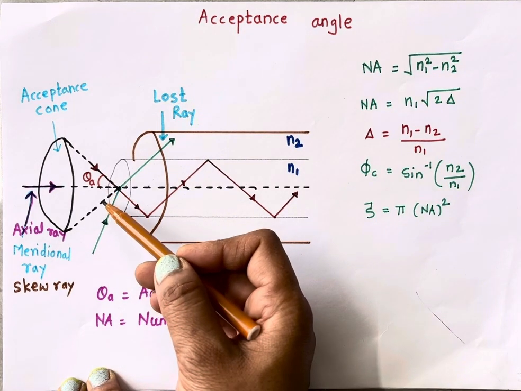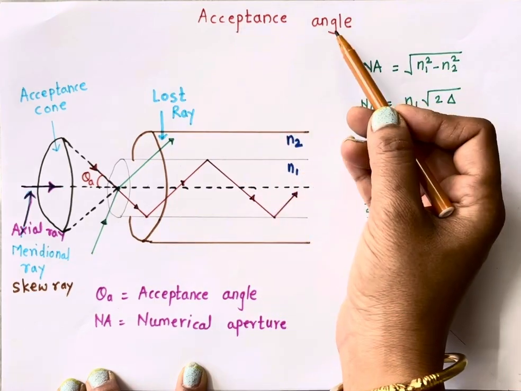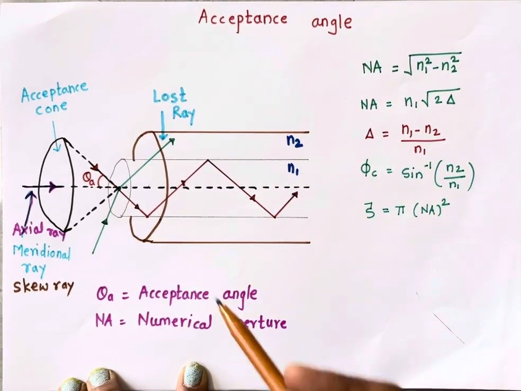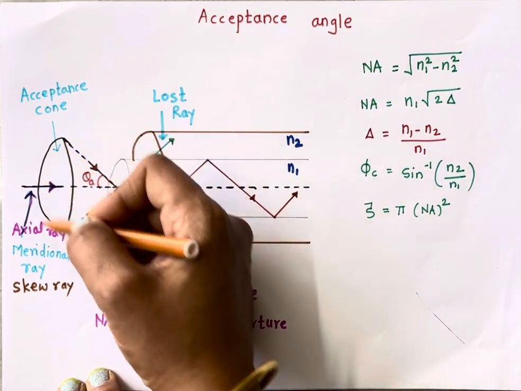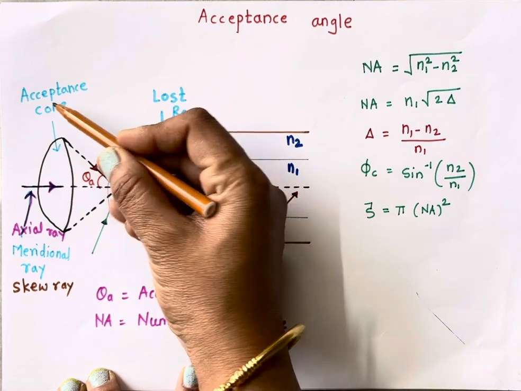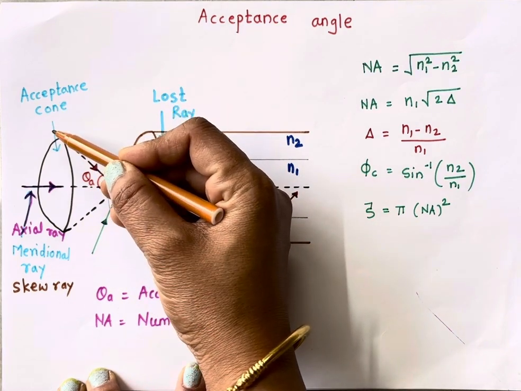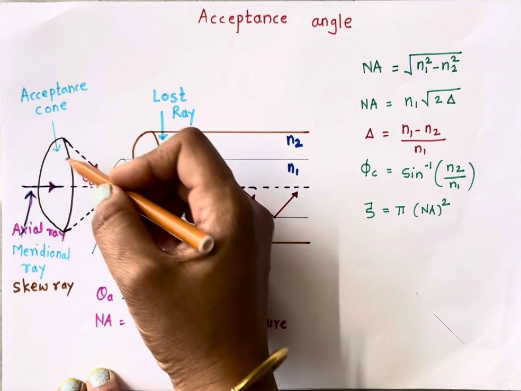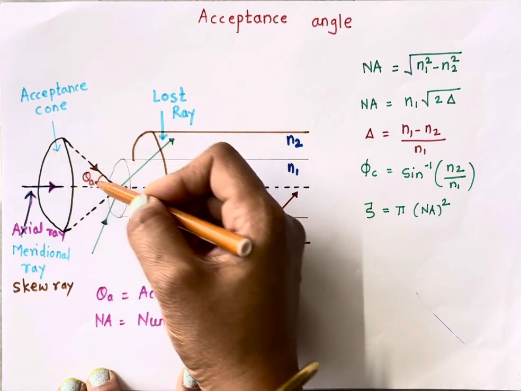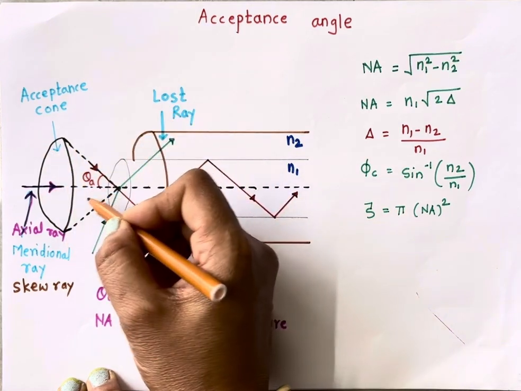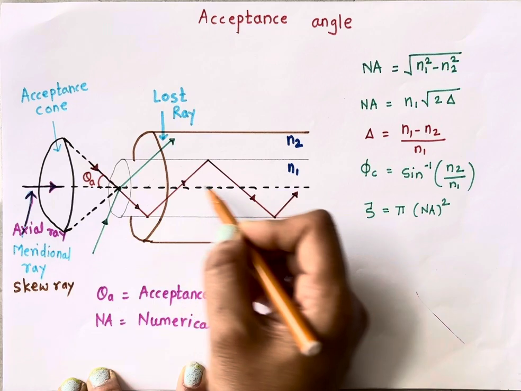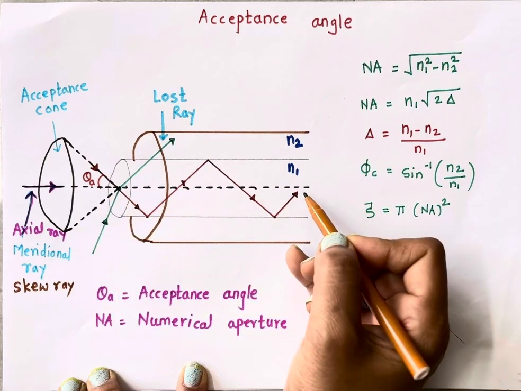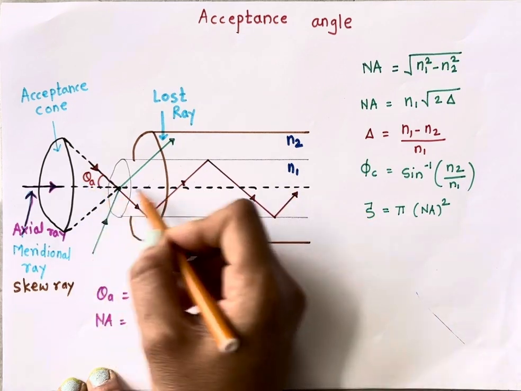Now we know the condition that angle of incidence must be greater than that of critical angle. Now we must know what is acceptance angle. So acceptance angle, or here I have drawn a cone. This is called as acceptance cone. So acceptance cone means when light ray enters through this cone, it can make any angle with this axis of the fiber.